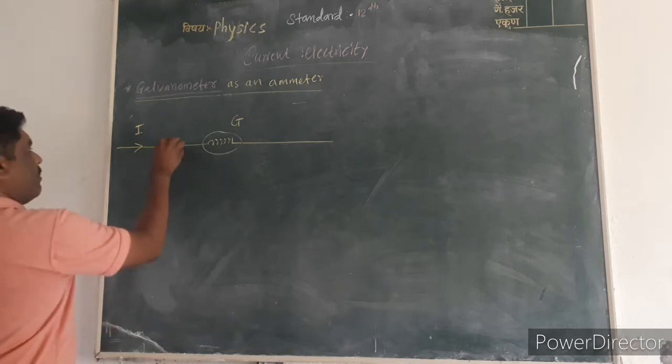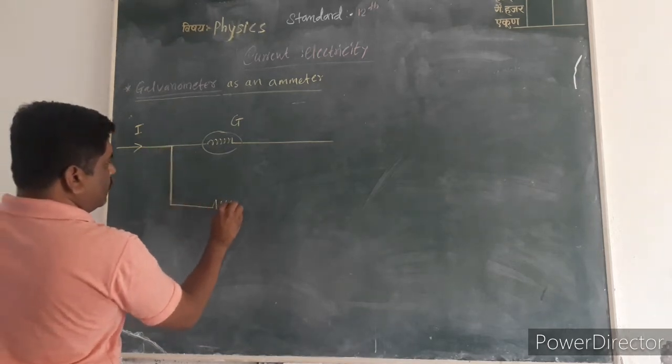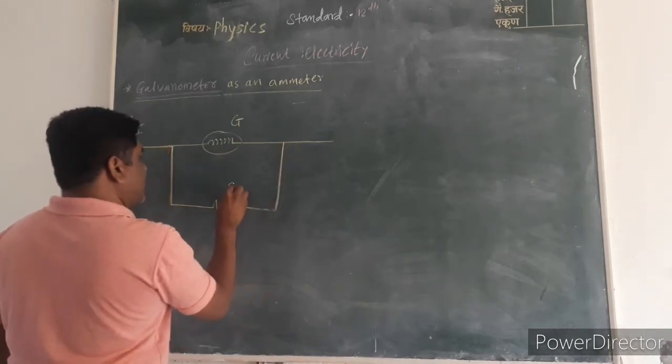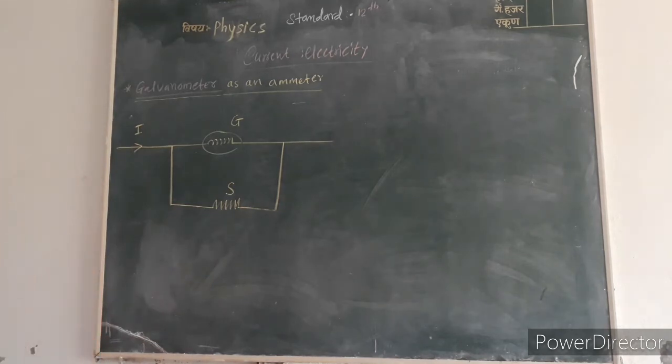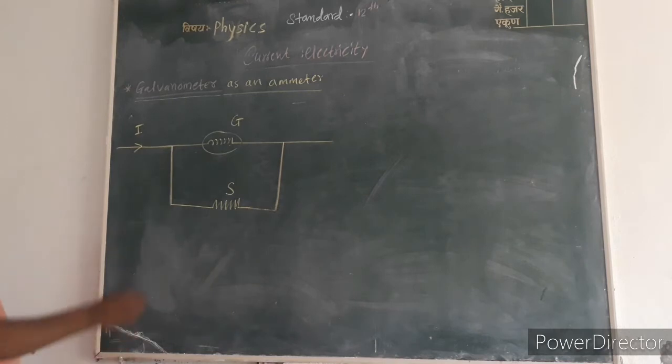But a very small resistance called shunt is connected parallel with the coil of galvanometer.